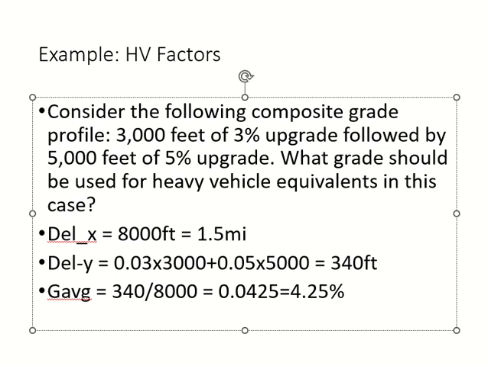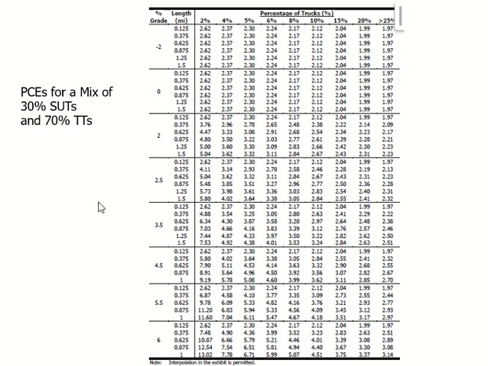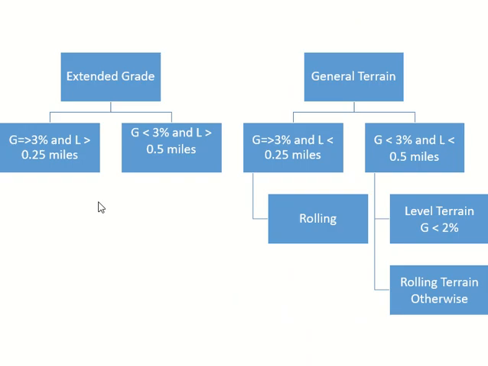So 4.25% gradient and 1.5 miles length. I go to the first condition. My gradient is more than this, and my length is more than 0.25 miles. So I have an extended gradient. I don't need to check anything else. Clear?